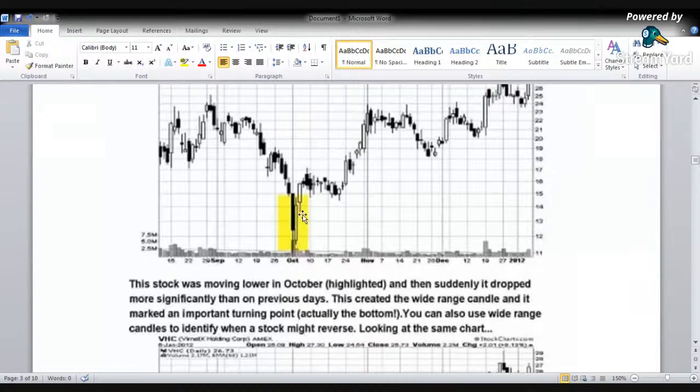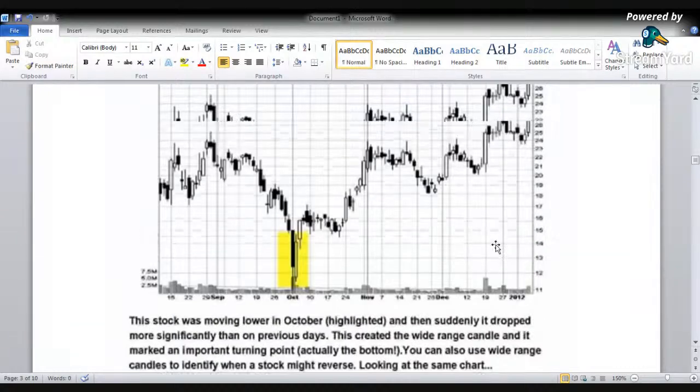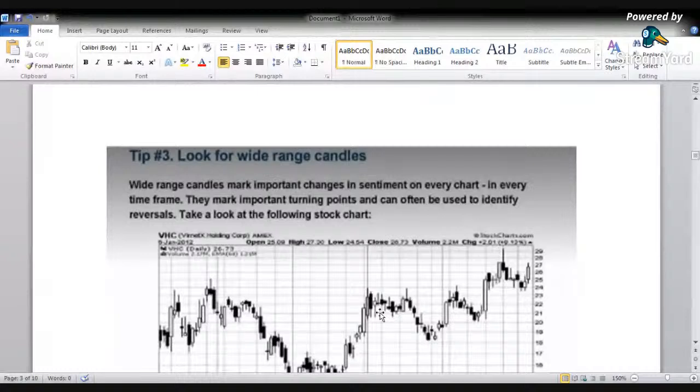Almost it covered the previous red candle. So we will see also that one in the chart. Ito po yung tinatawag na wide range candle. So importante po yan.